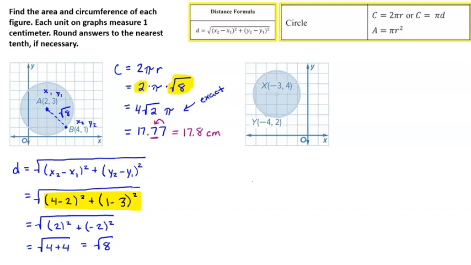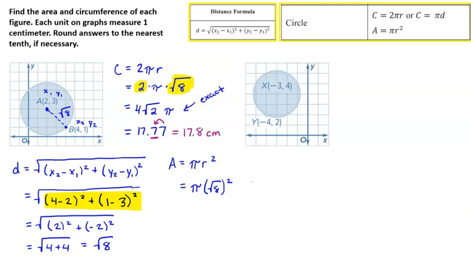Now let's go ahead and calculate the area. So area is going to be pi r squared. So we have pi, and then we're going to replace r with our square root of 8 squared. And if you have worked with the Pythagorean theorem before, you know that a square cancels out a square root.